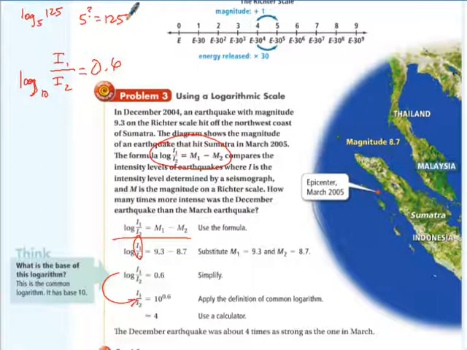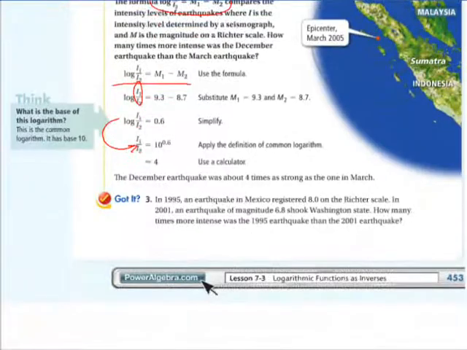Well that's the same thing we're doing right here, except here it's this number that's missing. So we rewrite this as 10 to the 0.6 equals I1 over I2, and then you just put 10 to the 0.6 in your calculator. It's actually not that hard, and it lets us compare some things that maybe we wouldn't have otherwise been able to compare.